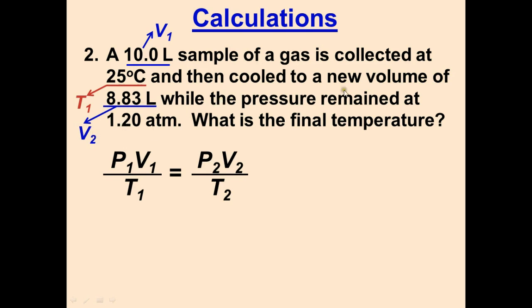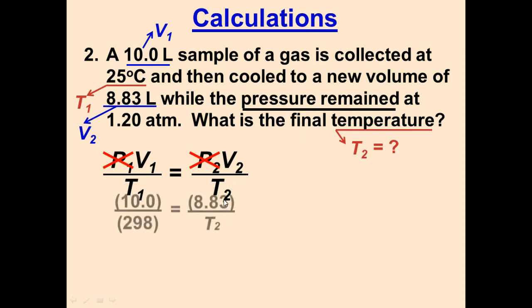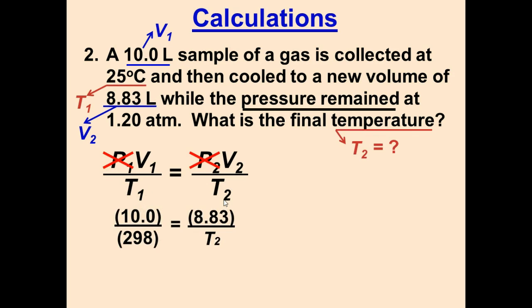So if something remains constant or is not mentioned, we can ignore it. So ignore pressure for now, and we want to solve for T2, by the way. And again, pressure remained constant, so we can eliminate pressure from this whole equation, and T2 is going to be our X.